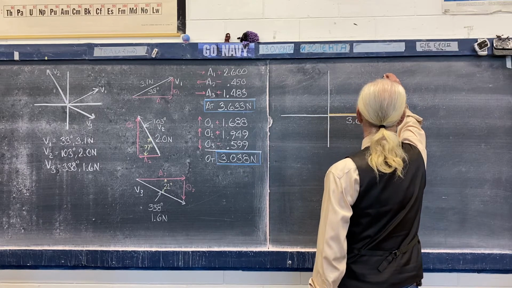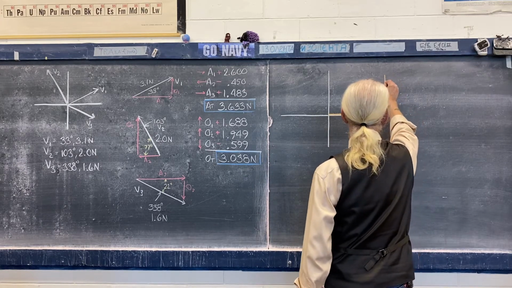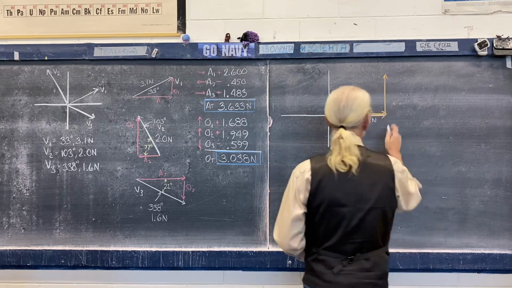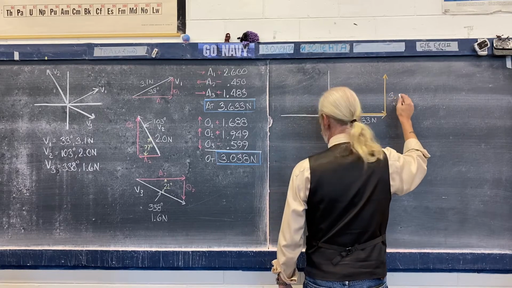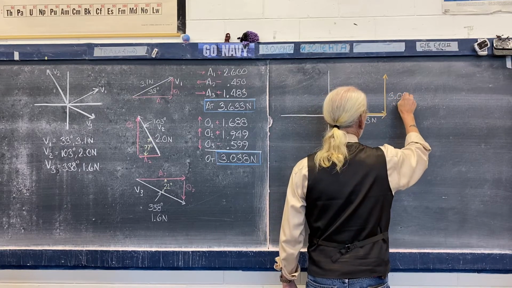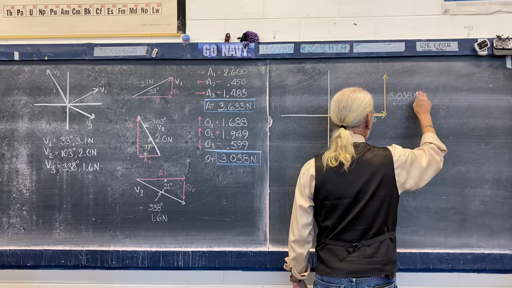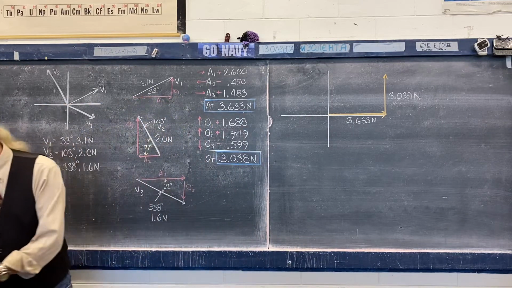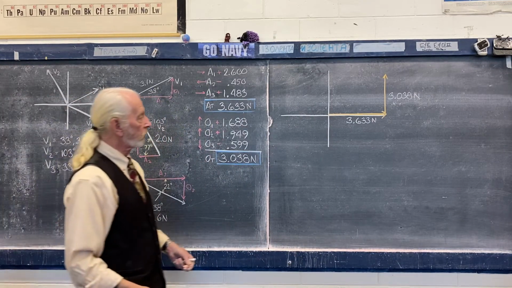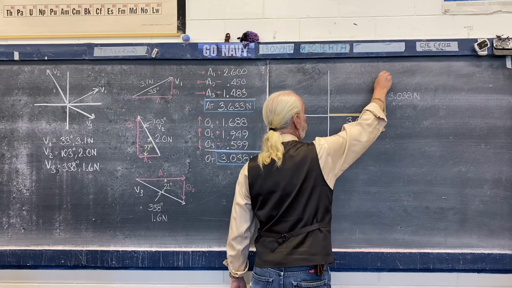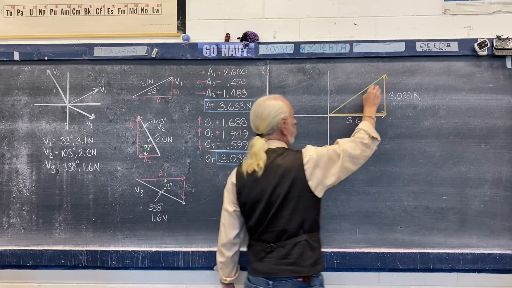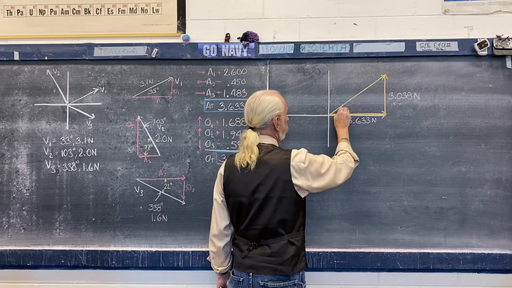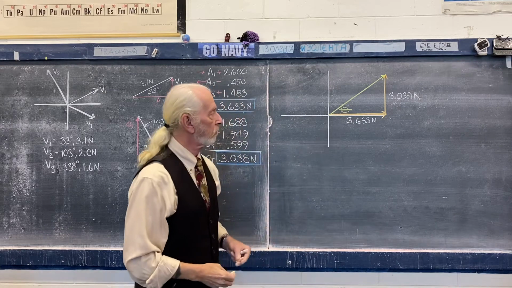And my O goes like so. Which tells us that the resultant would be this guy right here with an unknown angle theta. Okay, there's our resultant, our sum total of vectors.